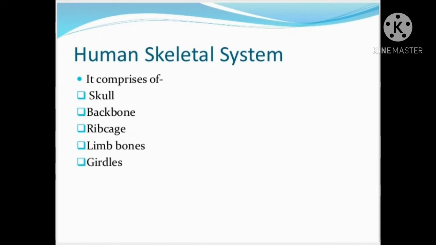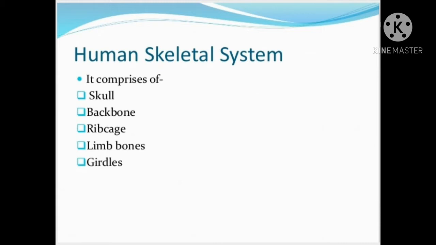Human skeletal system. The skeletal system is made up of bones and cartilage. So this is called skeletal system. Some living organisms have a skeleton on the outside of their body, and this type of skeleton is called an exoskeleton.